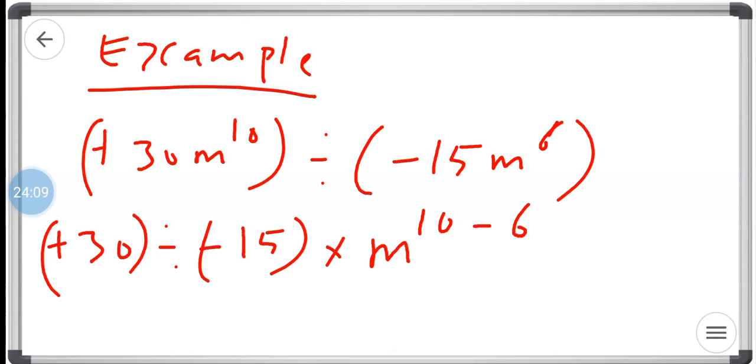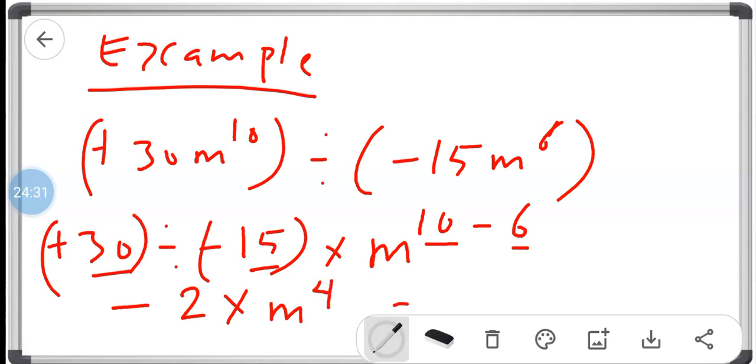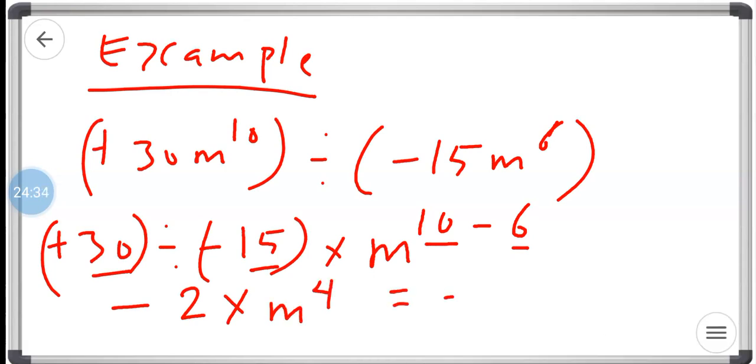Because they are unlike, my result will be negative. 30 divided by 15 is 2. And we have multiplied by m raised to power 10 minus 6, that is m raised to power 4. So this equals minus 2m raised to power 4.